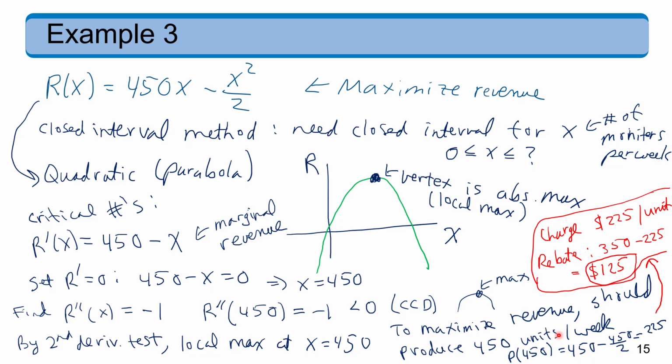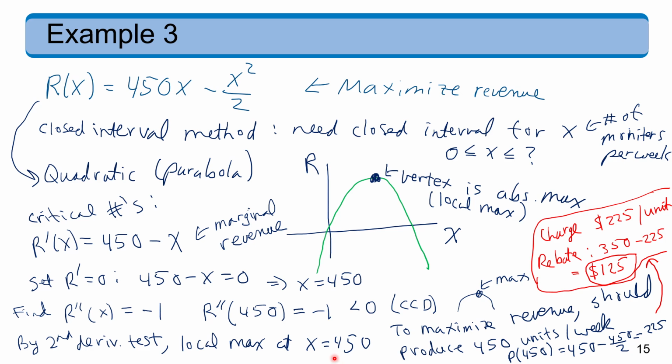And from a business perspective, answering the rebate is the most useful because it's the rebate that they decide, and that determines everything else. To maximize their revenue, first they'll decide on the rebate, so they'll reduce the price that they're charging by $1.25. That will result in selling 450 units.